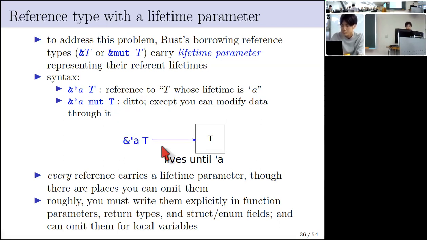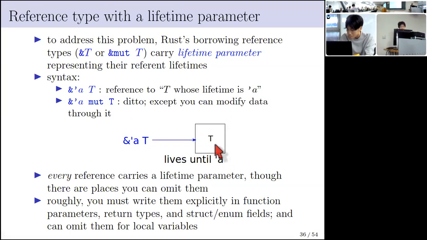But basically, this is a type that represents, in this case of ampersand tick a T, references to T whose lifetime is tick a. So this data structure is going to live until tick a. What is tick a, which is very confusing? Well, let's think of it as a hypothetical timing point that represents the time at which this data structure is going to die.